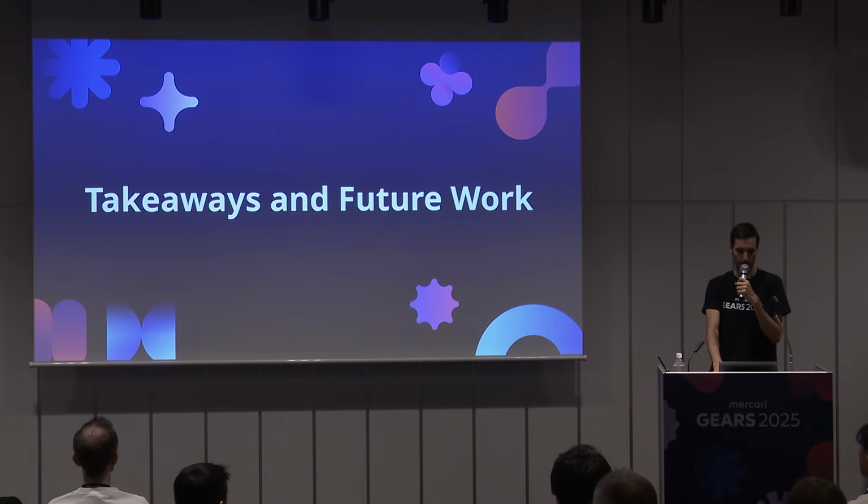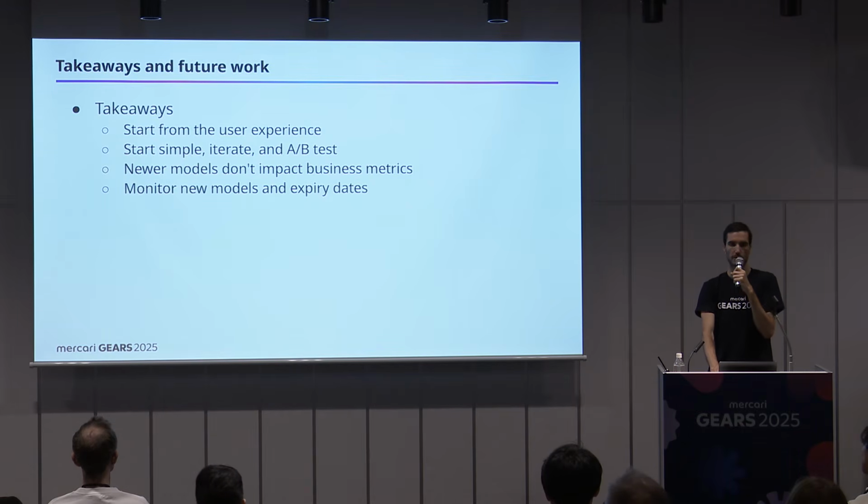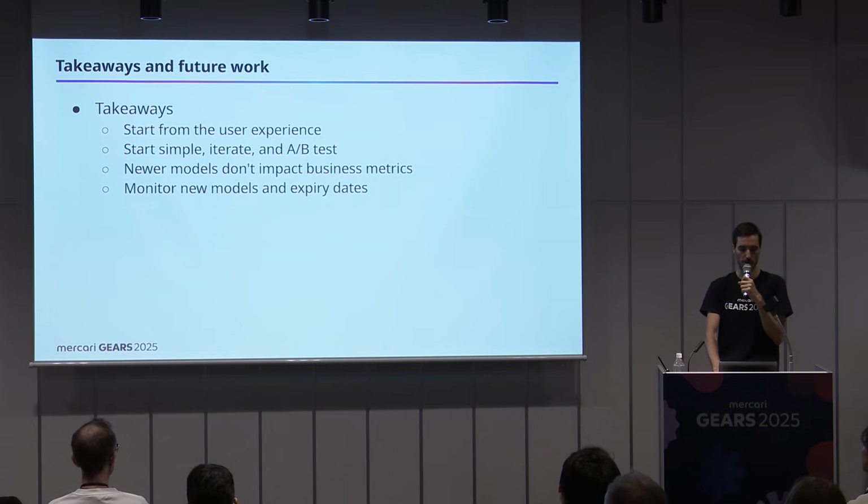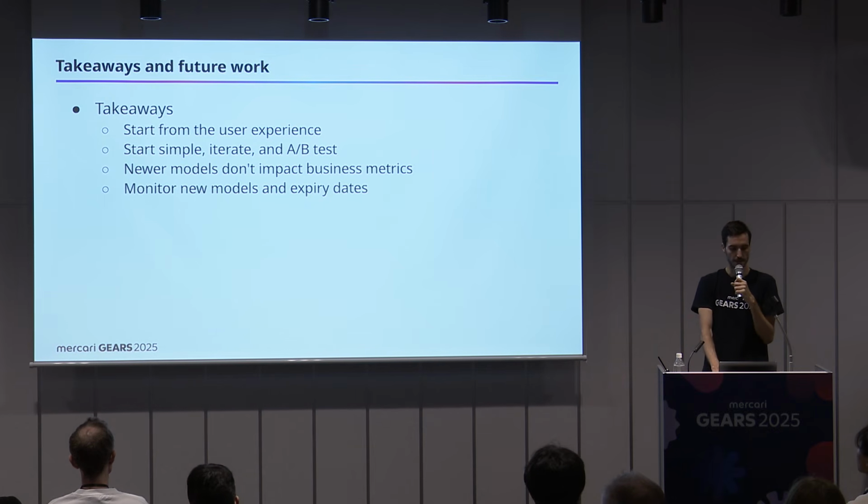All right, I'm at the end of the talk. So here are the few takeaways and the future work that we're going to do. The takeaways: we started from the user experience. It was really important to us, and it also enabled us to optimize the cost. So understanding how users use the product and understanding our product was important. We started super simple. We A/B tested, and the only time we didn't A/B test, we saw the result.